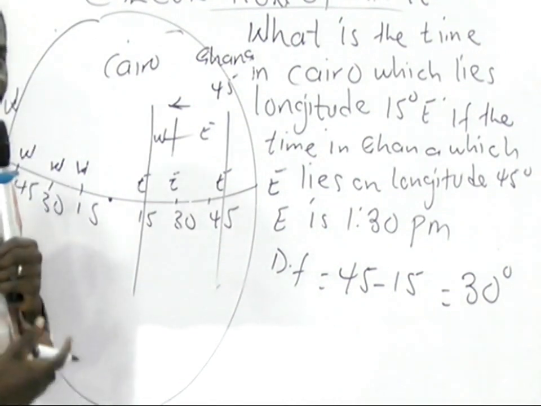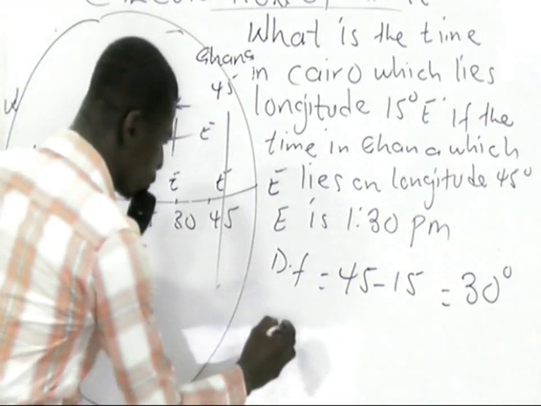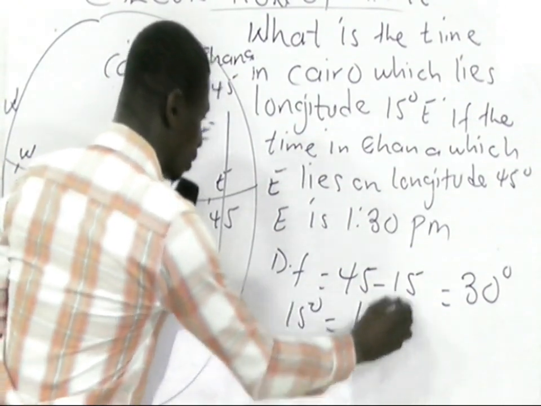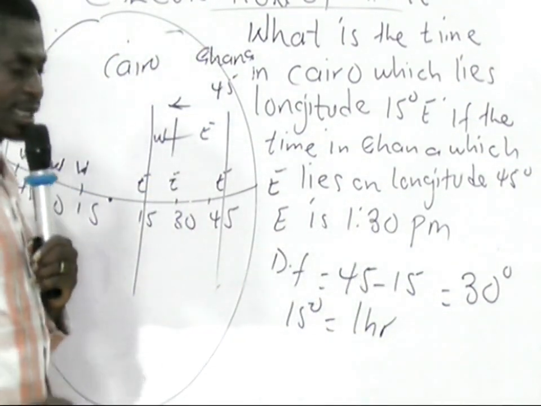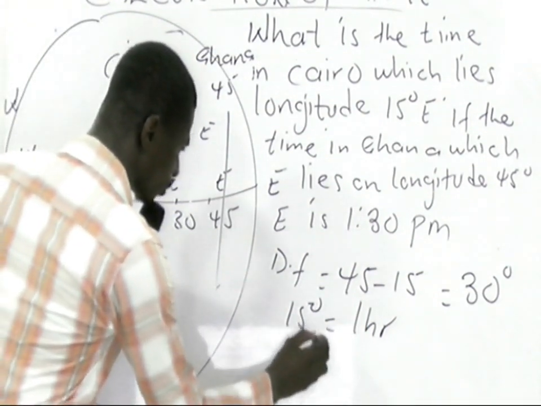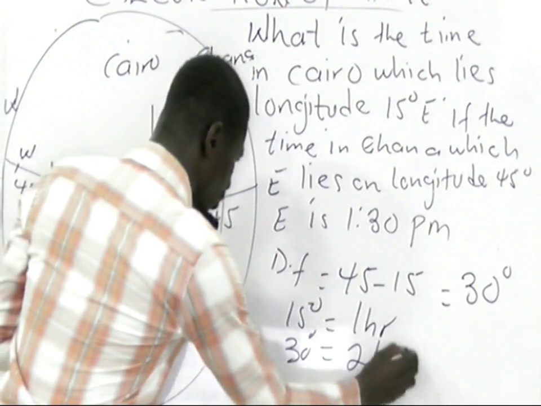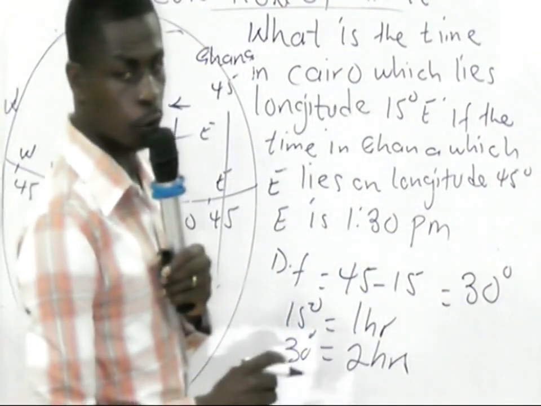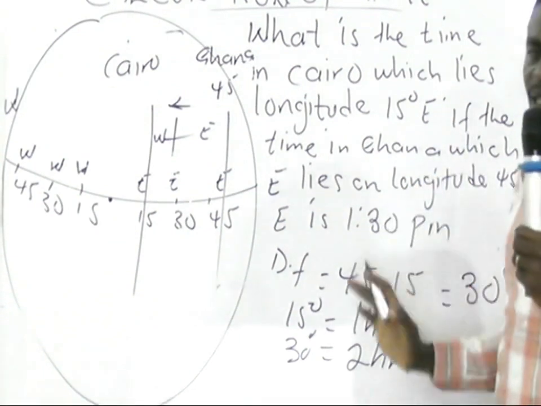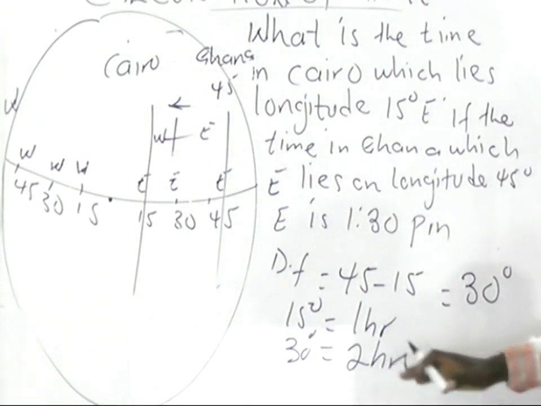But we know that every 15 degrees equals 1 hour. Therefore, 30 degrees is going to give us 2 hours.